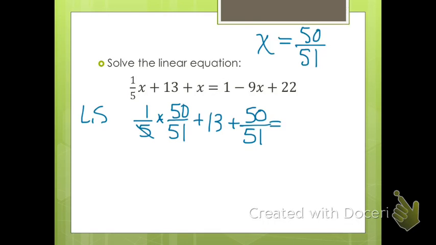here we can cancel out a factor of 5, so this would leave 10 up here. So this would be 60 over 51 plus 13. And we might need to find out what 13 is in 51sts.